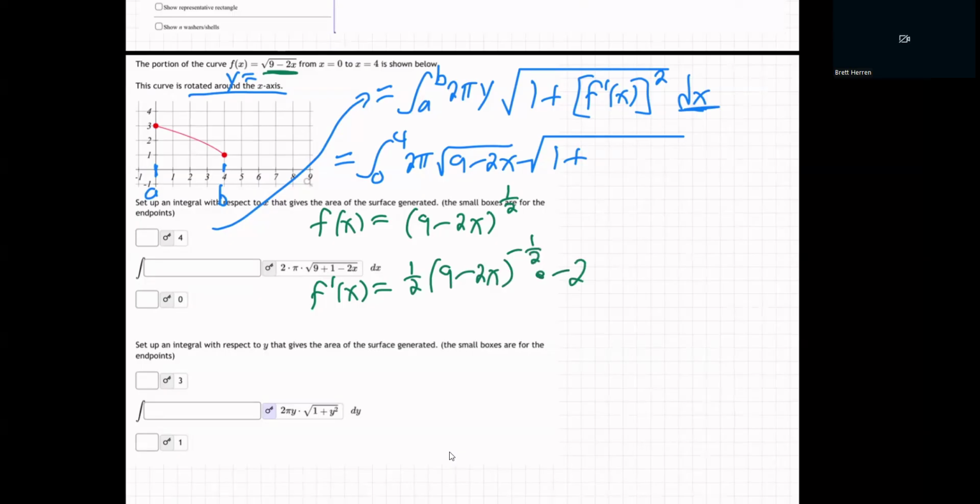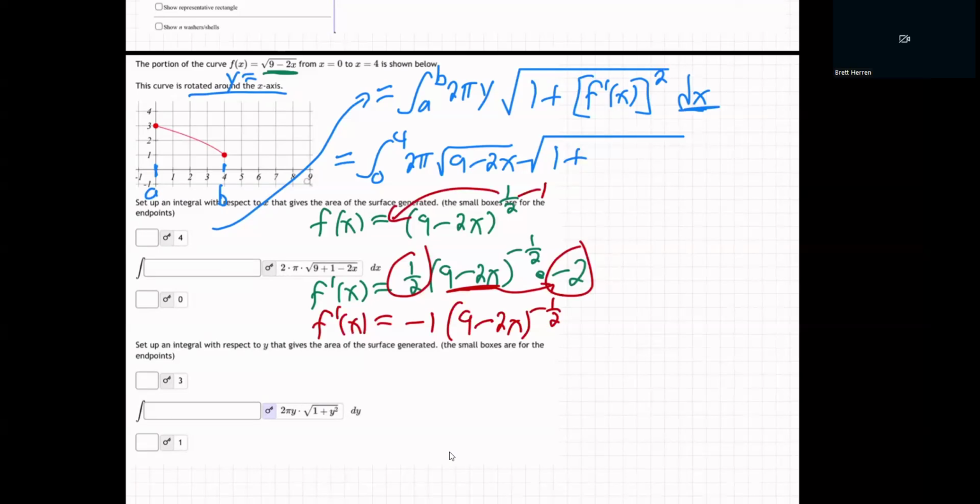Remember the chain rule. You do the outside: I brought this down, subtract 1 from the power, but then chain rule says multiply by the derivative of the inside. Then multiplying negative 2 times a half, f prime will be negative 1 times 9 minus 2x to the minus half. Negative 2 times a half is negative 1. Okay, so bring that up and put it right in here.